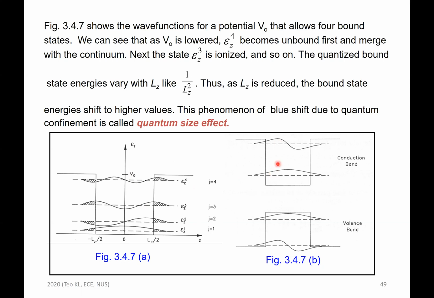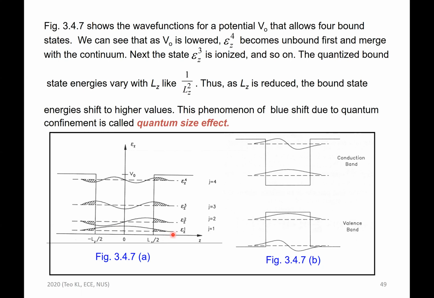So the quantized bound state energy varies like 1 over Lz squared. Let's say in the case of the infinite square potential, energy is proportional to the well width Lz squared. As your Lz, or the well width, decreases, your bound state energy shifts to a higher value.